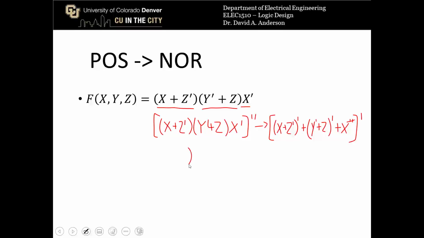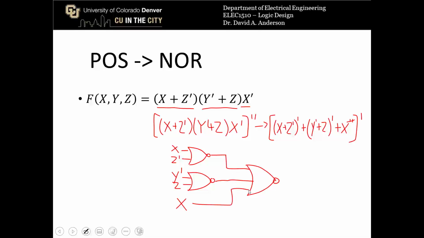So I have x or z', that's a NOR gate. Then y' or z, that's also a NOR gate, and then just x. And all of these are going to be inputs to a 3-input NOR gate. And so I have implemented this product of sums expression using all NOR gates.